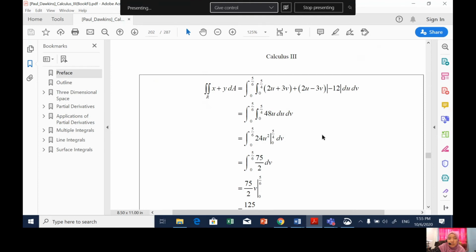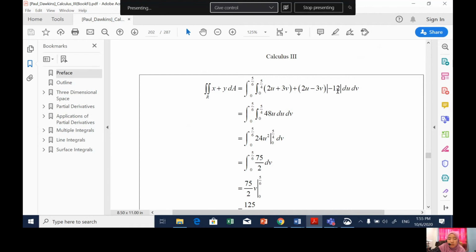Okay, next we substitute everything into our double integral. This is a double integral in the Cartesian xy. So everything will be converted into the new transformation in terms of u and v as follows. This is x plus this is y, times the absolute value of the determinant.